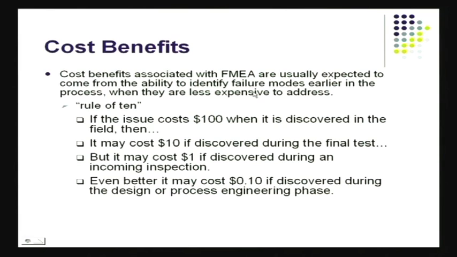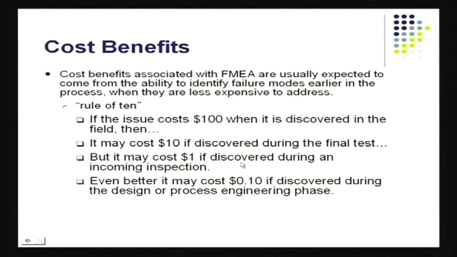And there are some examples. If it costs 100 when a problem is discovered in the field, that's a pretty high cost. It may cost $10 if it is discovered during final test. These are like the product development life cycle stages.